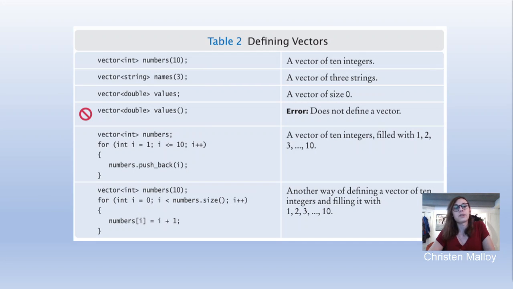Something about defining vectors is that we cannot define a vector with parentheses after the name of the vector. Otherwise, we will have a compiler error. So if you wanted to define a vector of size 0 of some data type, you would say vector, and then in your angle brackets, you would say the data type and then the name of that vector, which would declare a vector of size 0, which you could always just add onto at any given point.